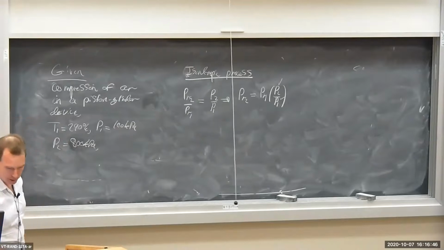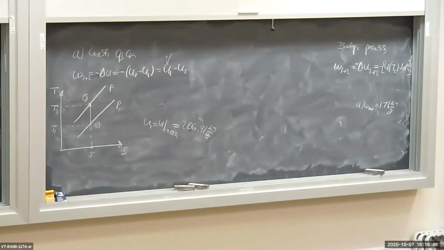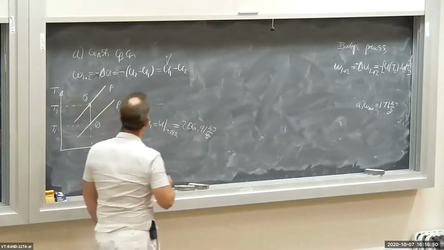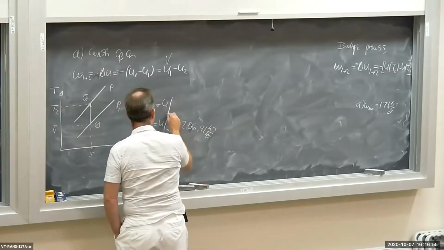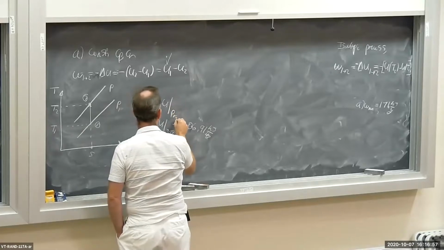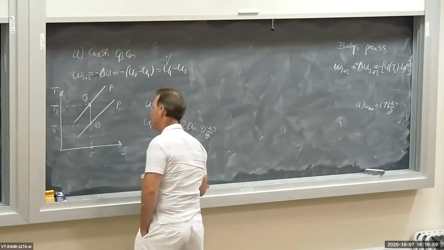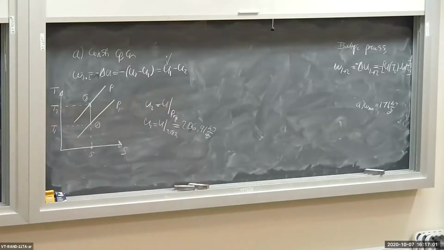In fact, maybe I should be a bit specific here. U2 is equal to U evaluated at PR2. Okay, that's basically what we're doing right now.